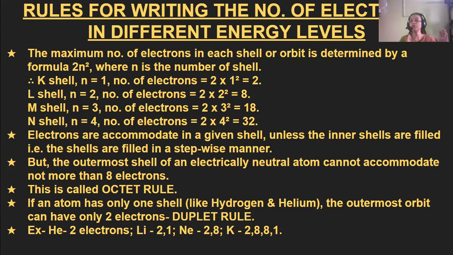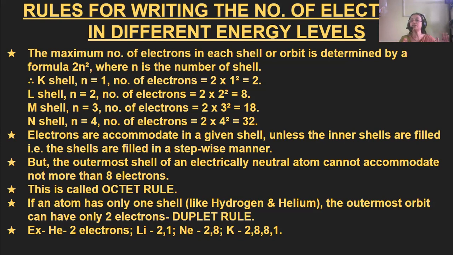The number of electrons will be 2 into 4 square, 4 square is 16, so 2 into 16 is 32. At the most, 32 electrons can be held in the N shell, the fourth shell. So this continues for as many shells as the atom has.